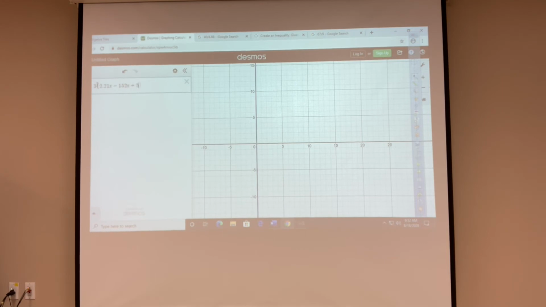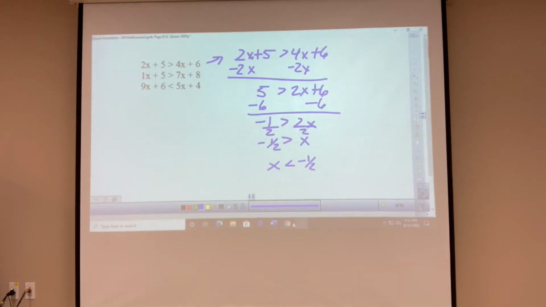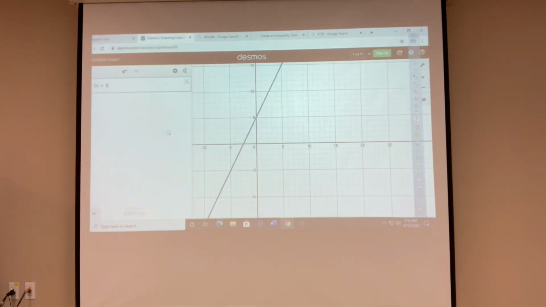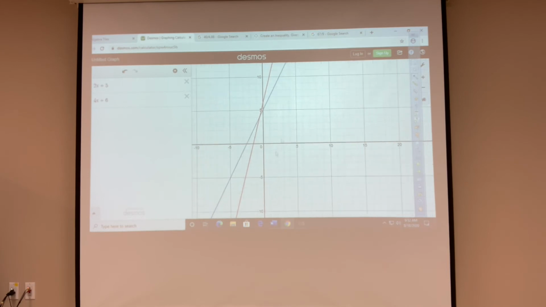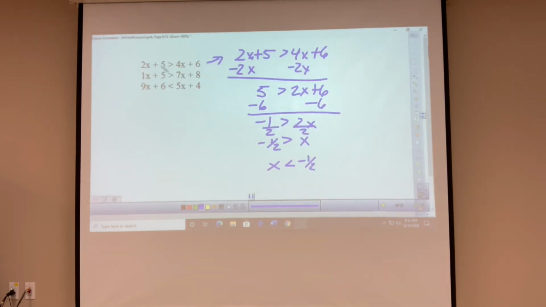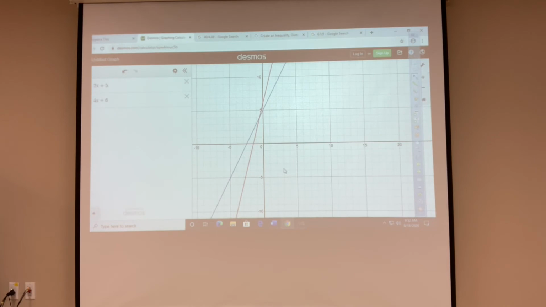2x plus 5, and then the other one is 4x plus 6. And we wanted to know, where is 2x plus 5?